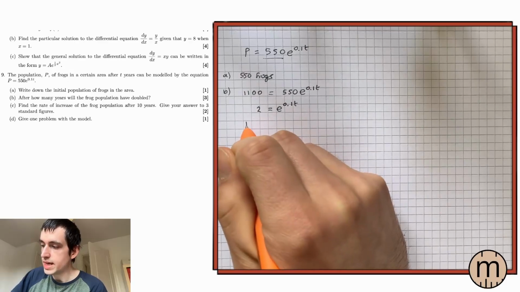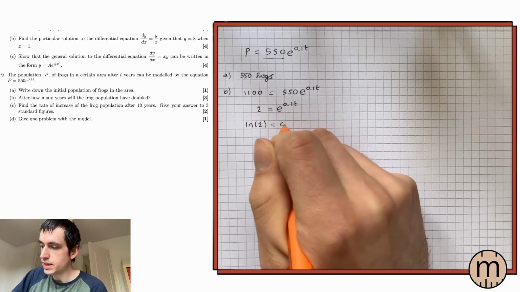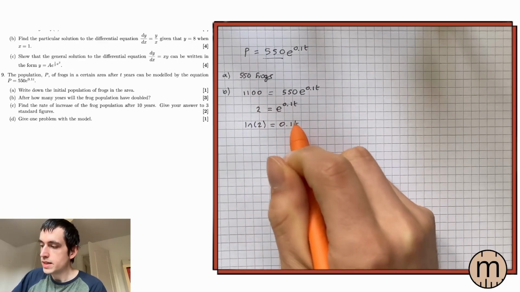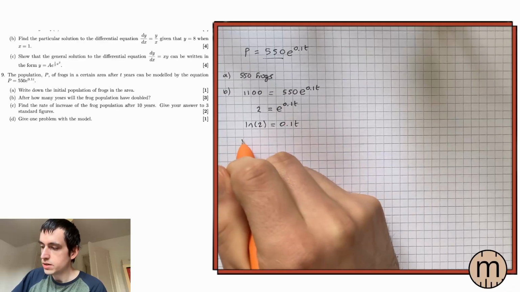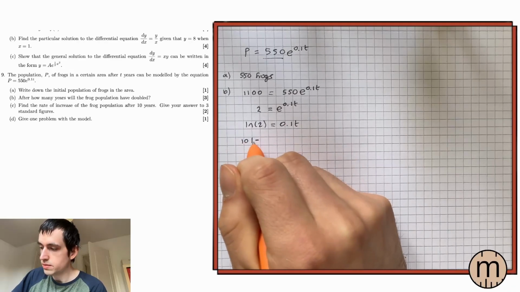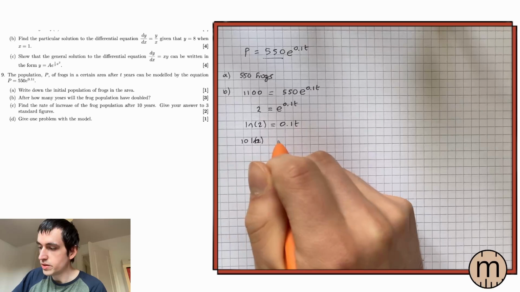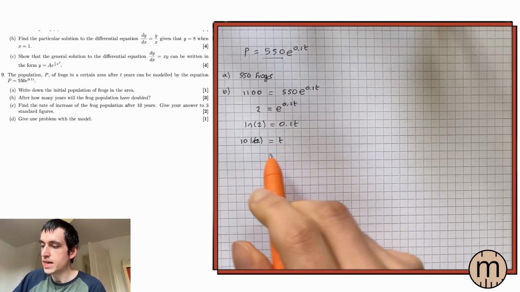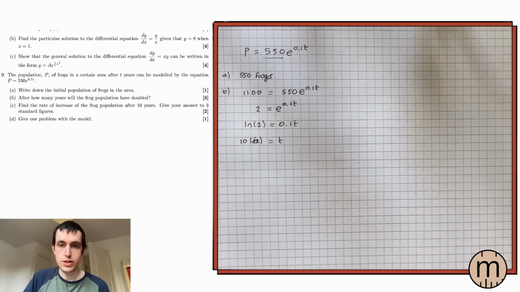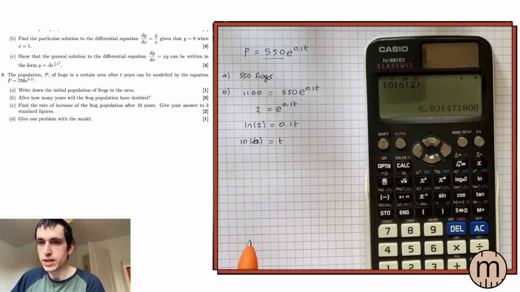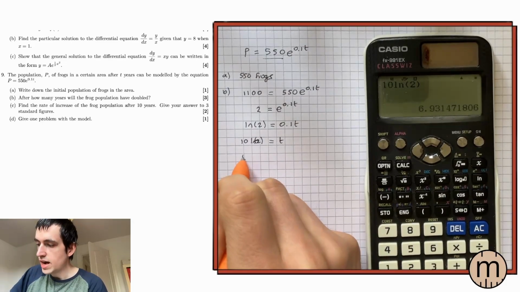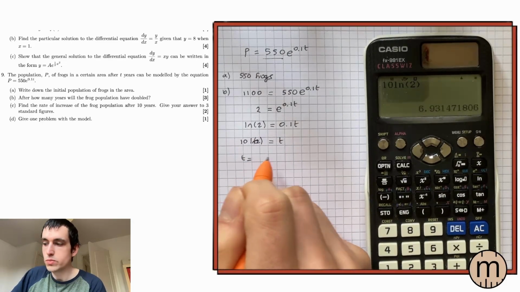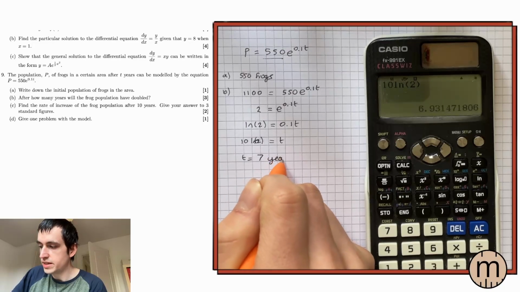We can then take a natural logarithm on both sides, like this. That's equal to 1 over 10, so t will be equal to, times by 10 on both sides. So t is 10 ln 2. 10 ln 2 is equal to 6.93. So after how many years will it have doubled? We can say after 7 years if we round it.